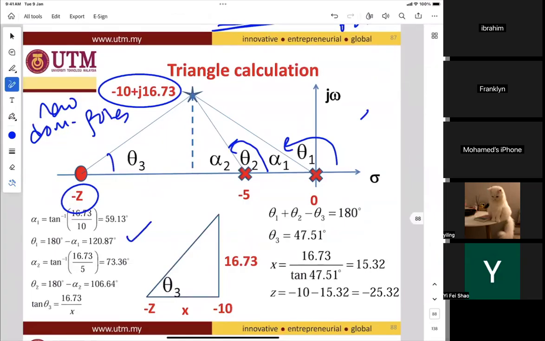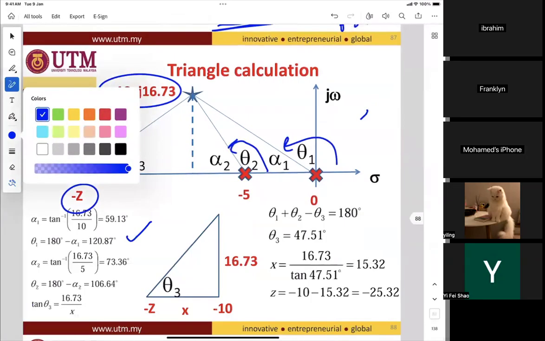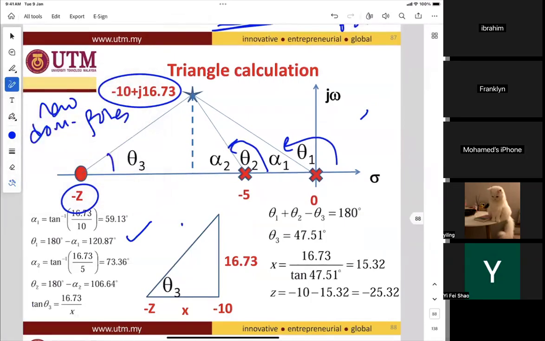Theta 1 is 120 degrees, alpha 2 corresponding to theta 2 is 73.36. Theta 2 is 180 minus 73.36, 106.64. And then the theta 3 for the zero of the PD controller is at 47.51 here.